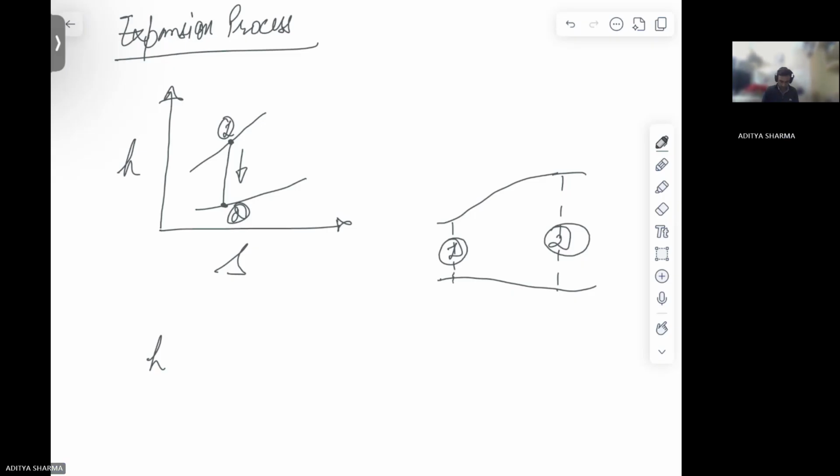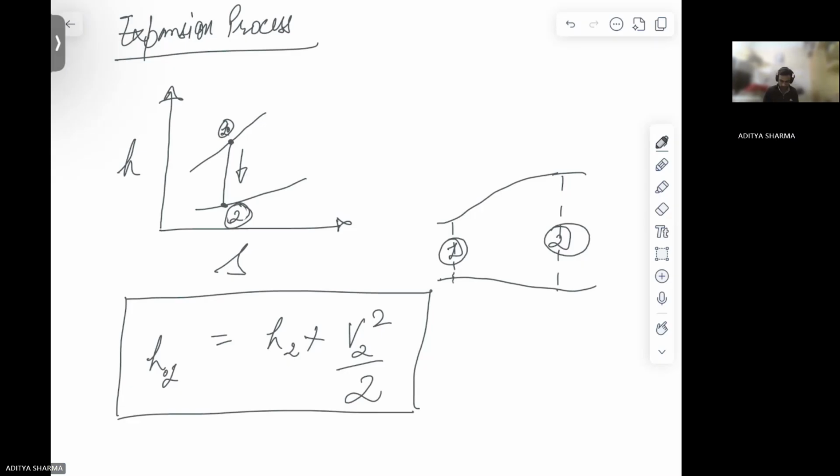So it is something like this. The total enthalpy is changing, so your flow is expanding.